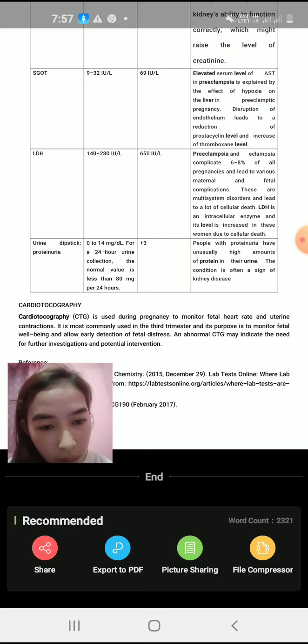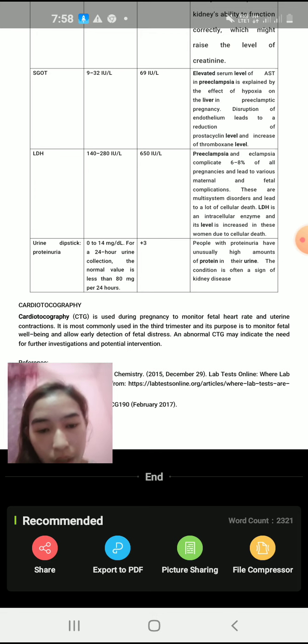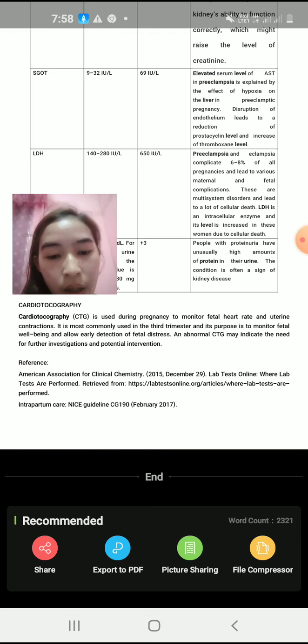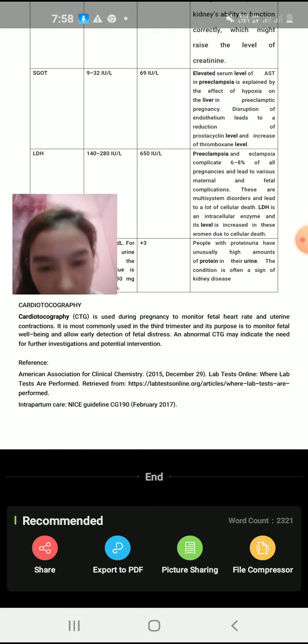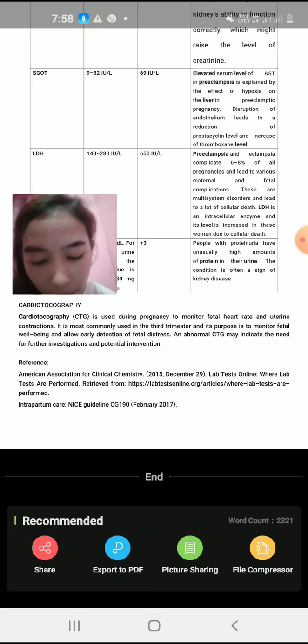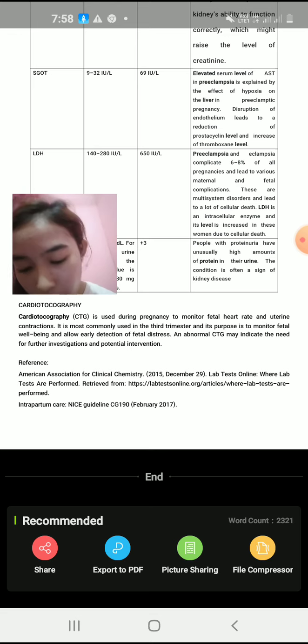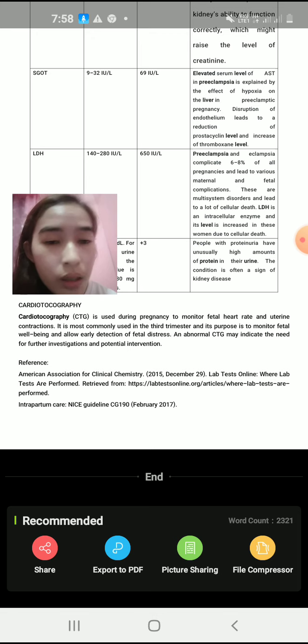An abnormal CTG may indicate the need for further investigation and potential interventions. The CTG is a technical means of recording the fetal heartbeat and the uterine contractions during pregnancy.